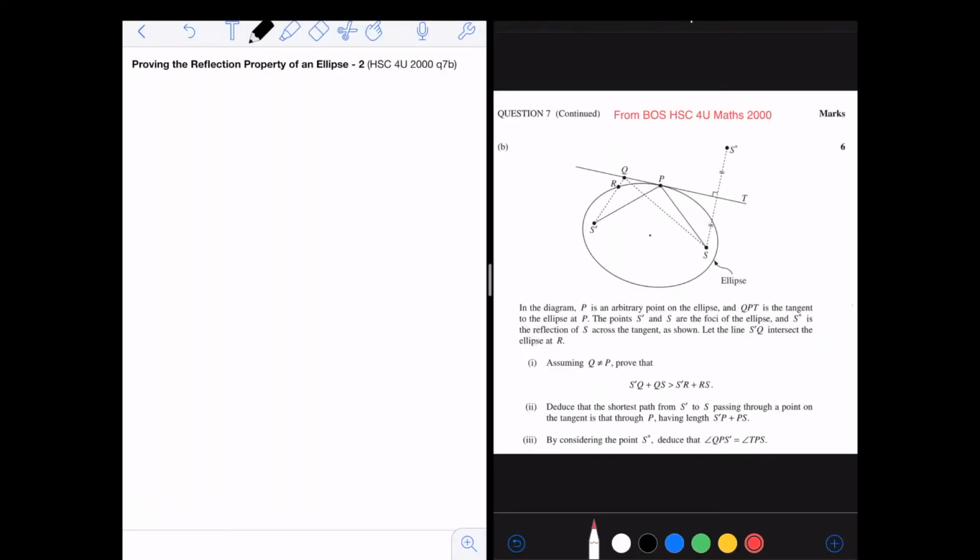First question is proving the distance from S dash Q plus QS is bigger than the distance from S dash R to the RS.